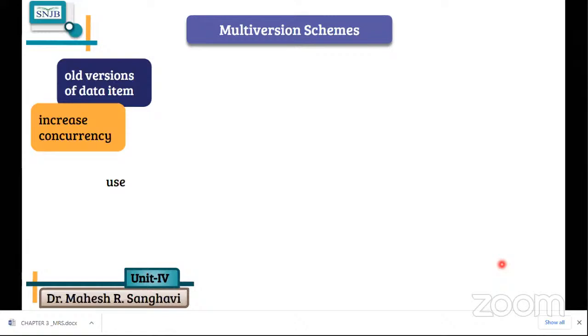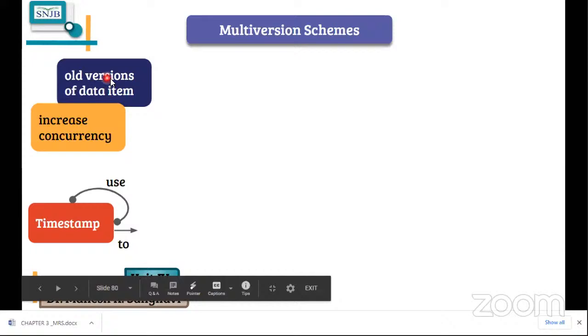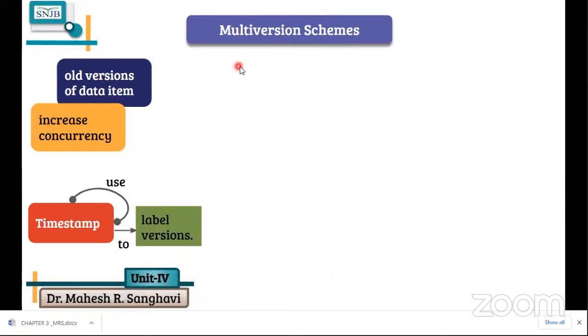Now the last point of today's discussion is multi-version schemes. This multi-version scheme is telling you that there will be old version of data item which will increase concurrency. Multi-version indicates that whatever protocols we have seen, we can use a combination of those protocols, any hybrid approach, because every protocol has its own limitations and its own advantage.